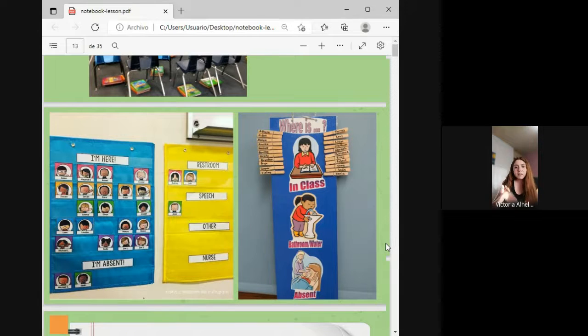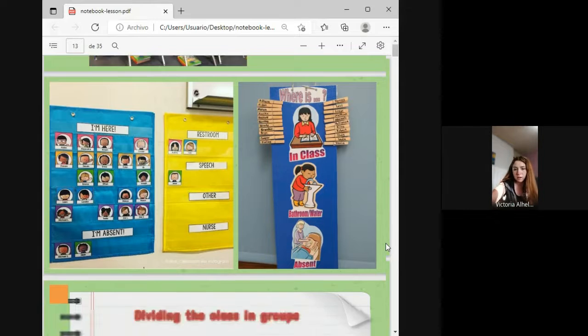And the other picture is, for example, where is Anna? And Anna is in class. So Anna is going to be responsible to put that in class or in the bathroom or absent. Okay? So those are our strategies.